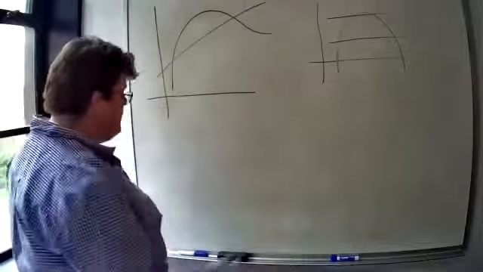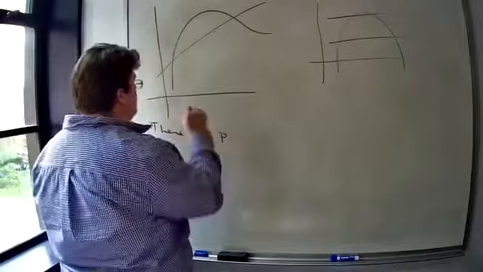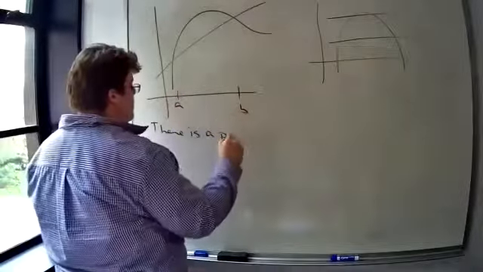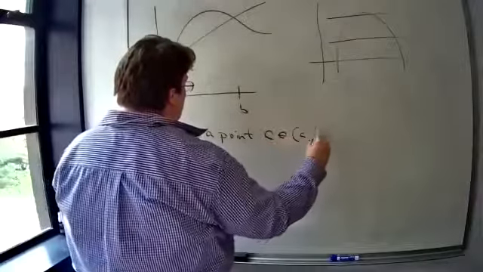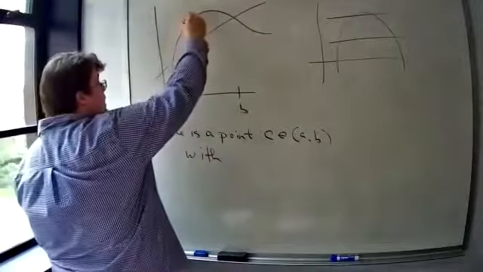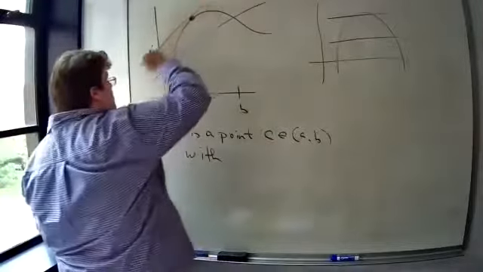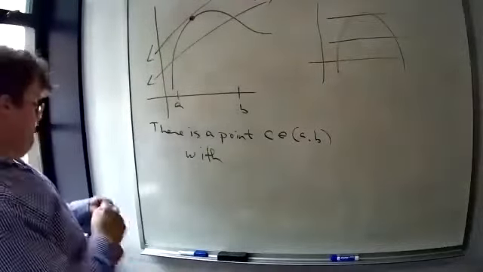So given the assumptions, there is a point C inside A to B with the slope of the tangent line at C equal to the slope of the line through those 2 points.